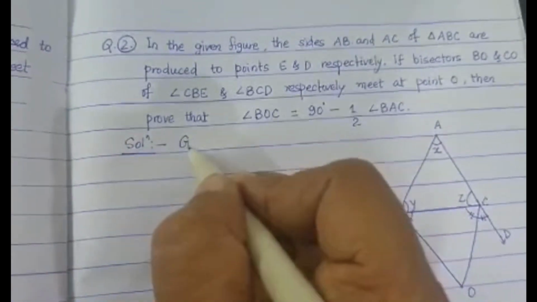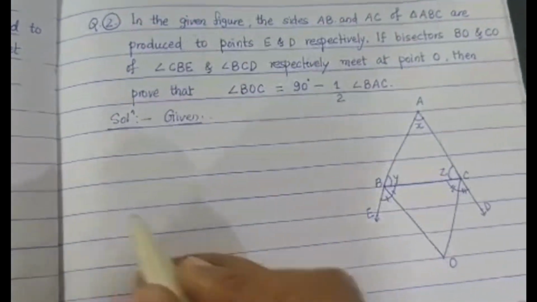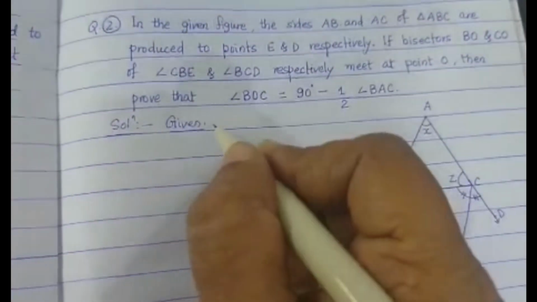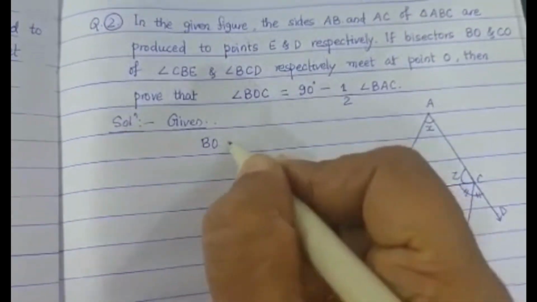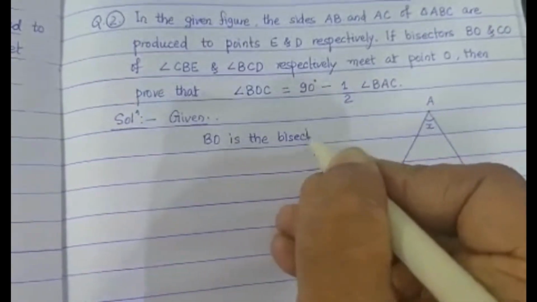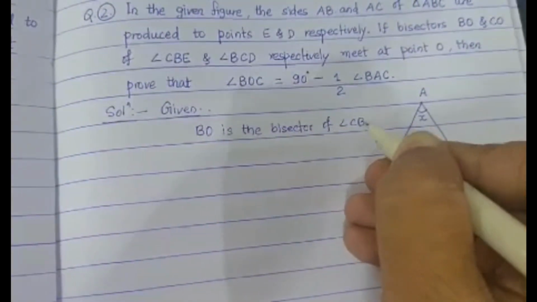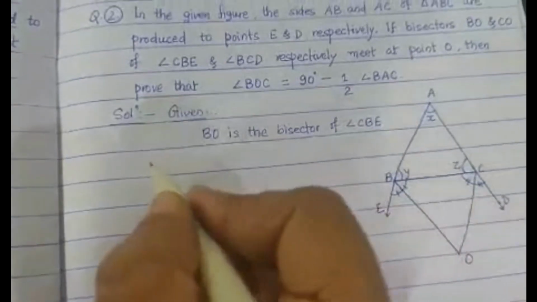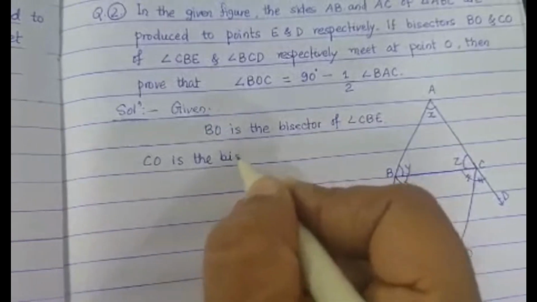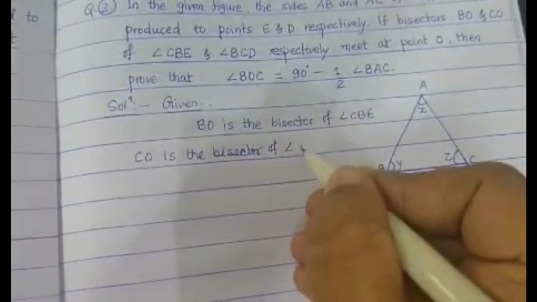First of all, what are the given things? Let us write it. Given. So given are, BO is the bisector of angle CBE, and similarly CO is the bisector of angle BCD.